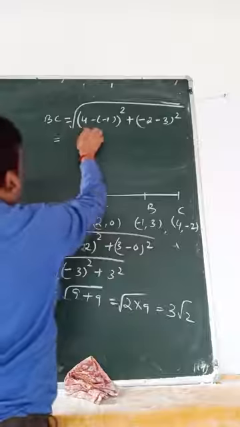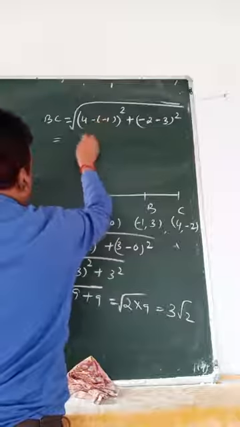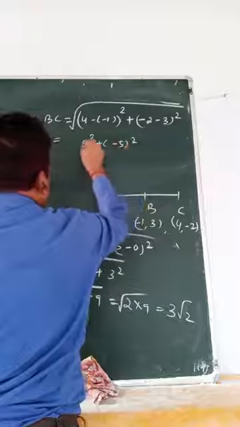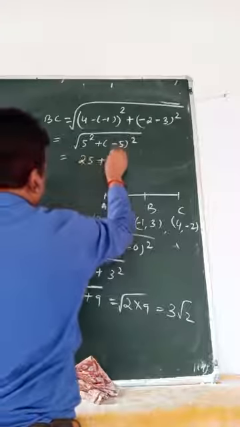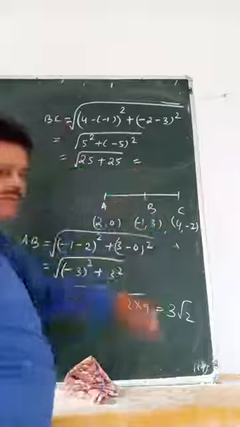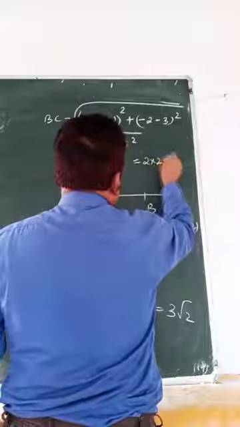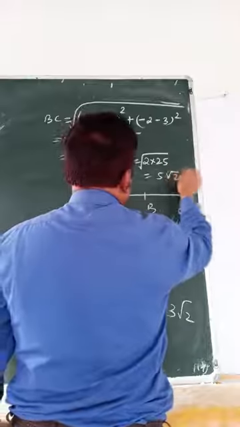So 4 plus 1 is 5. 5 square plus (-5) square is 25, this is also 25. That is 2 into 25 root over. That is 5 root 2.